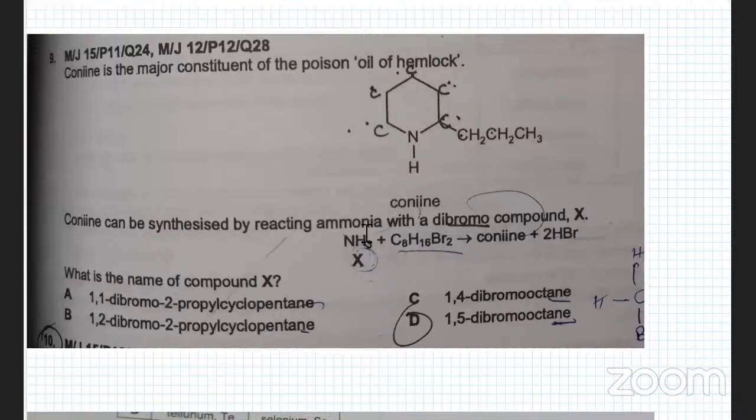It can be synthesized by reacting this thing with NH3. So you've got a halogenoalkane reacting with NH3. What happens when a halogenoalkane reacts with NH3? An amine is formed.